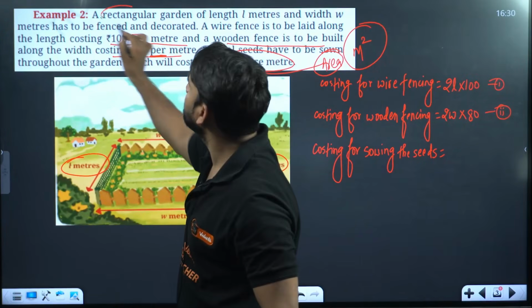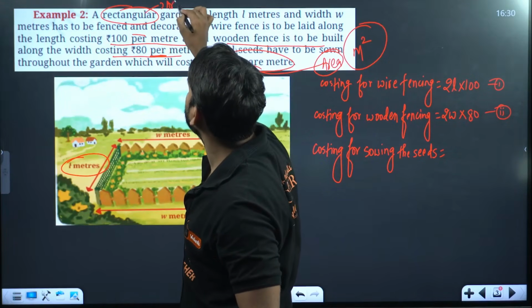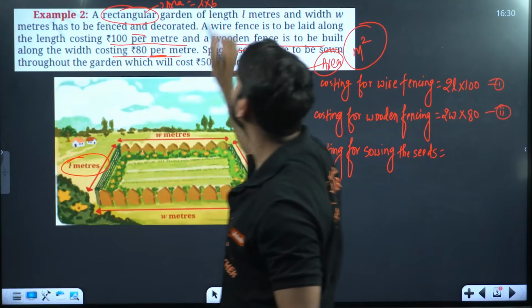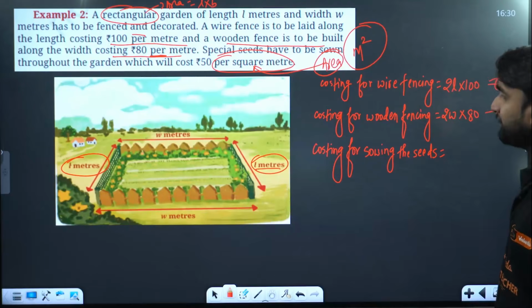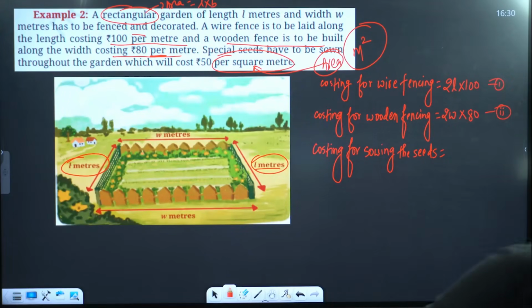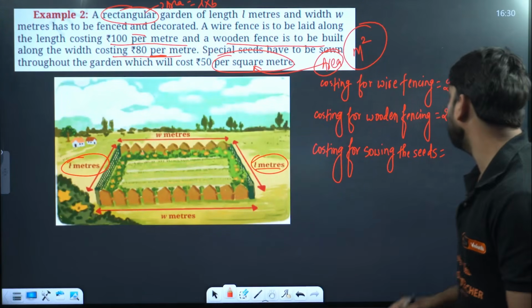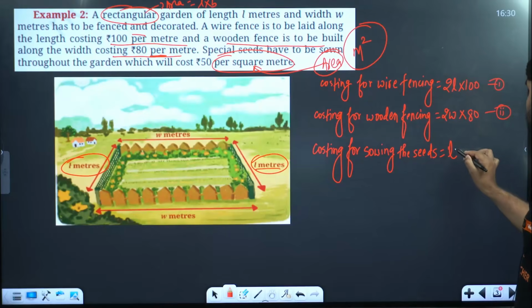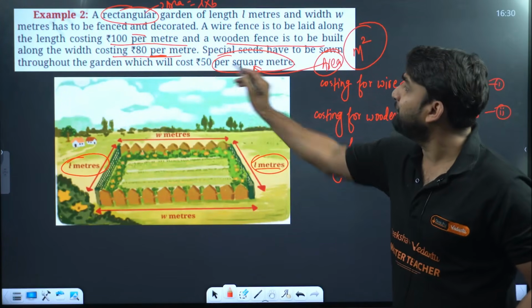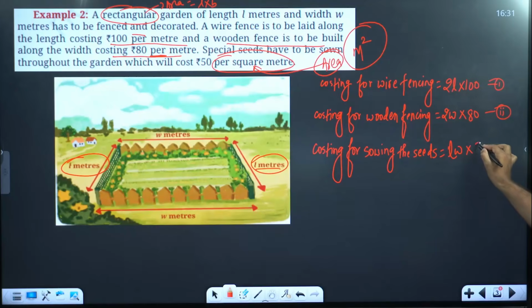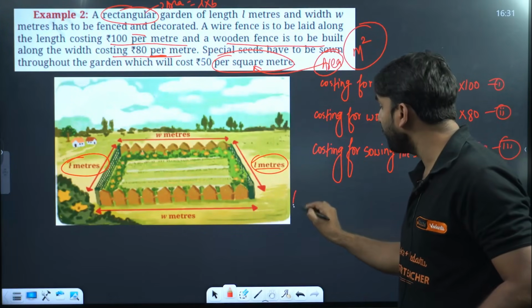We all know for a rectangular garden, area is length into breadth. So what is length? That is L. And what is breadth? That is W. So L into W is the area, and 50 per square meter, so we have to multiply by 50. This is your third.